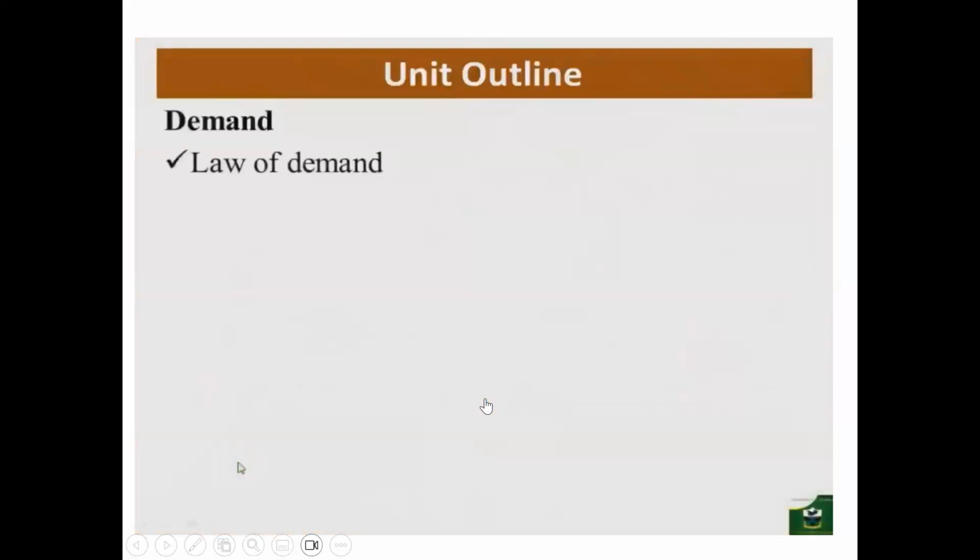So the first thing we'll look at is the law of demand. And before going to the law of demand, we will define a demand and try to describe its structure. And then later on, we'll distinguish between demand schedule and demand curve. So we will have to make serious distinctions here between what a schedule is and what we consider a curve in this course.